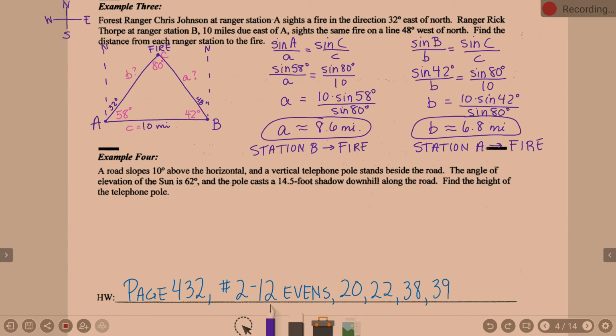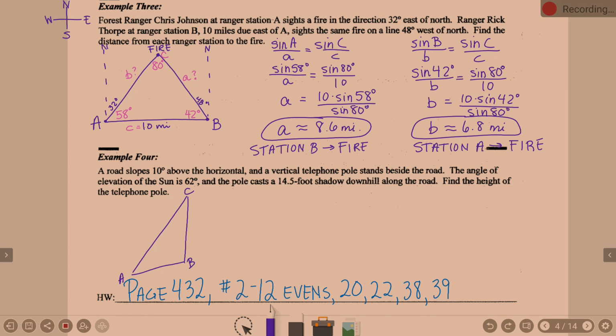We know the angle of the sun and not the height of the telephone pole. You're trying to find it. How would you find the angle of the sun? If I draw the important triangle here, there's A, there's B, there's C. This is in the book, right?